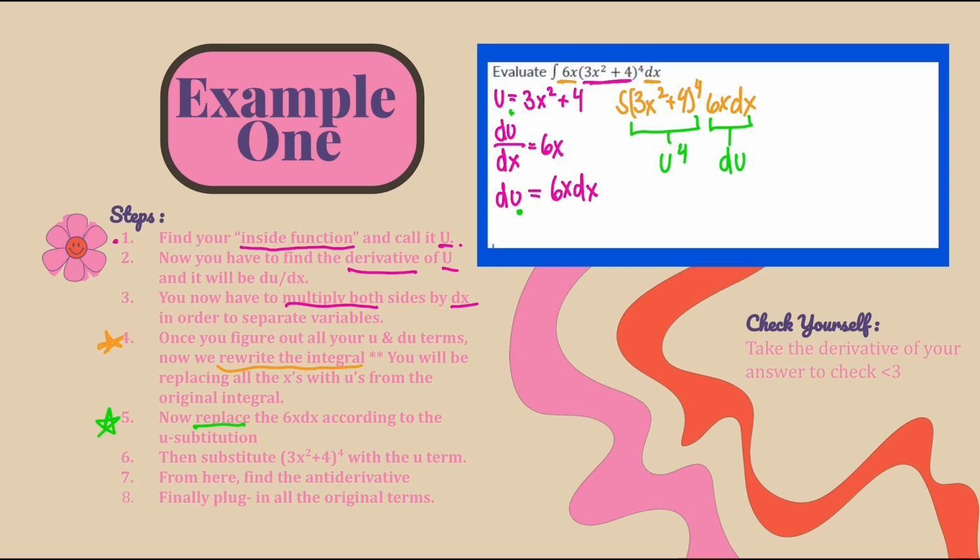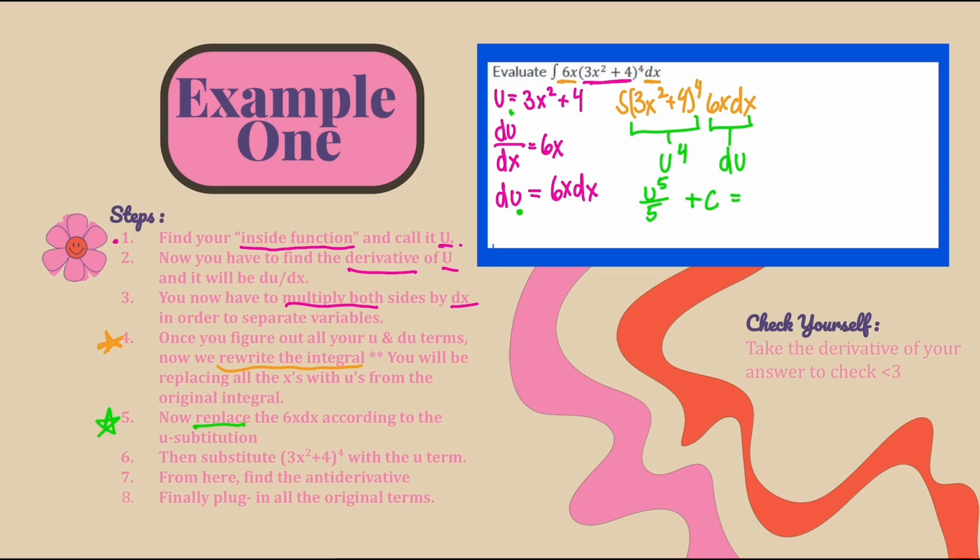And once you've written it out, now we can move on to the next step, and from here we're going to find the antiderivative of u to the 4th times du. The antiderivative of u to the 4th is going to be u to the 5th power over 5 plus c.